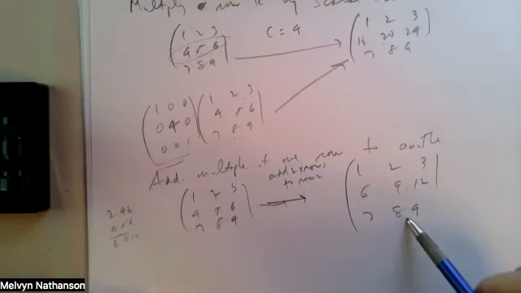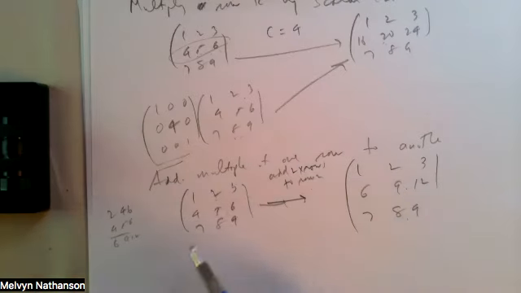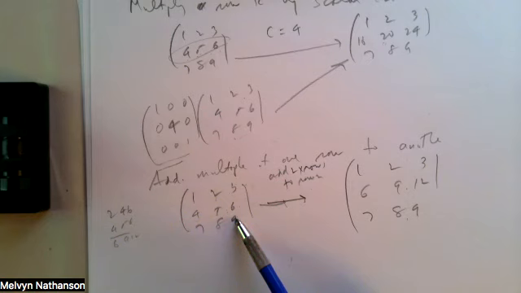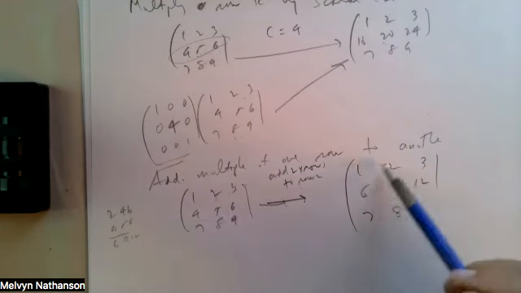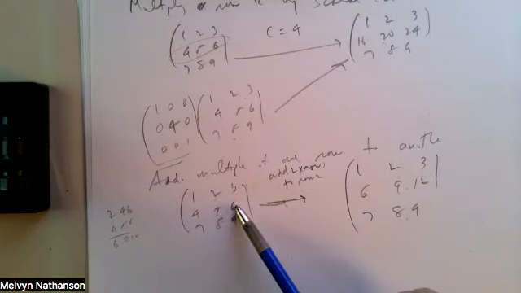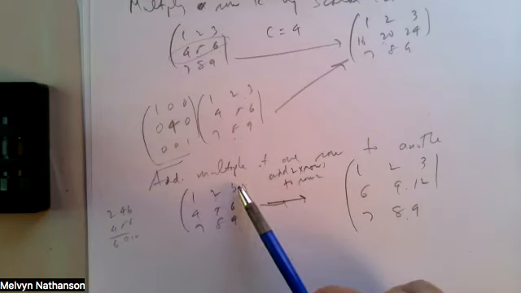Yeah. Here I'm starting with the matrix 1, 2, 3, 4, 5, 6, 7, 8, 9. The third elementary row operation on a matrix is to add a multiple of one row to another row. In this example, I'm adding 2 times the first row to the second row. I'm not changing the first row or the third row, but I'm replacing the second row by adding to it 2 times the first row.